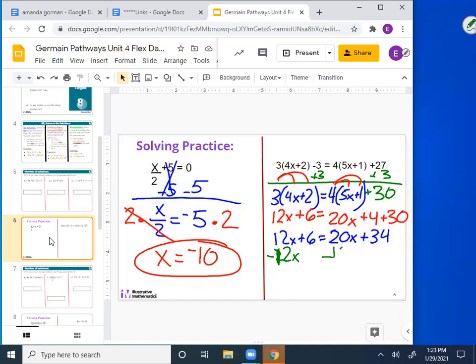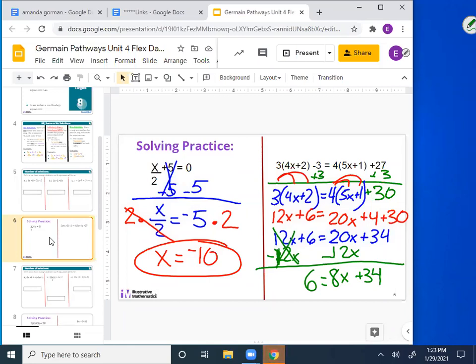Subtract 12x. We're going to be left with 6 is equal to 8x plus 34. Good. Now I need to get my x by itself, so I need to move that constant.